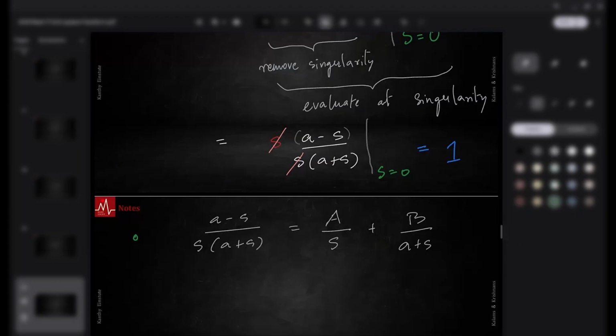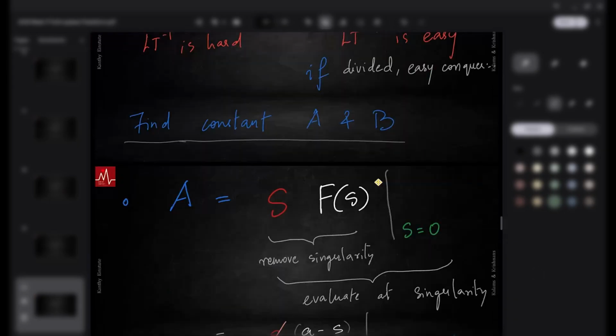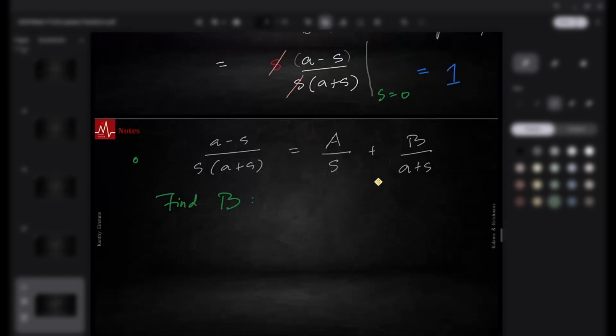We have to find B. I have also given it here so we don't have to go back there. Same idea.